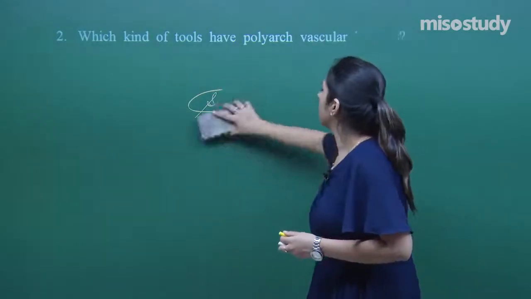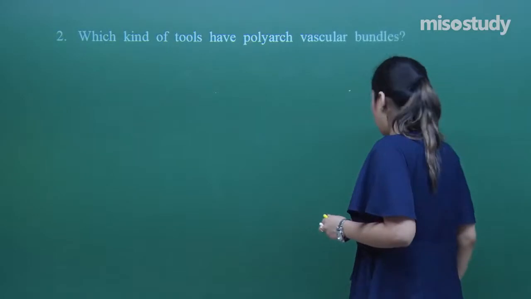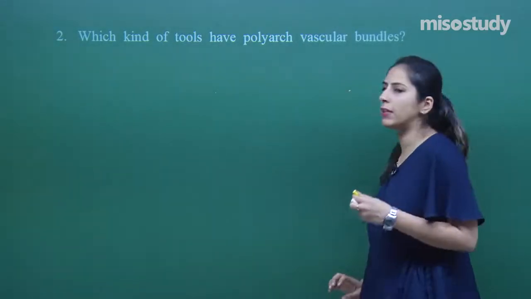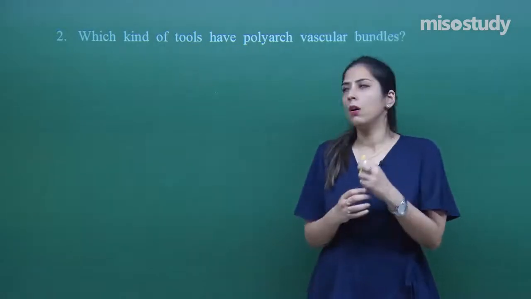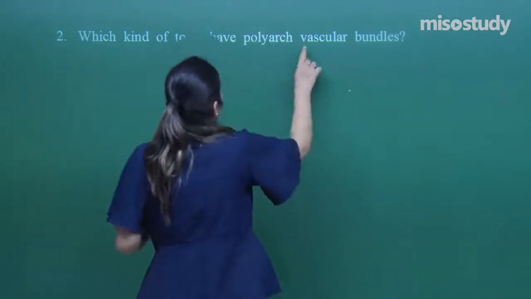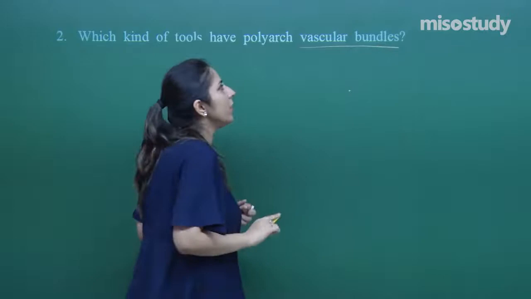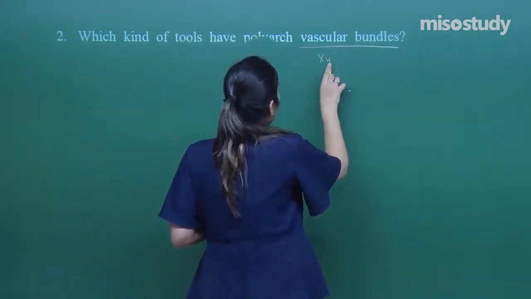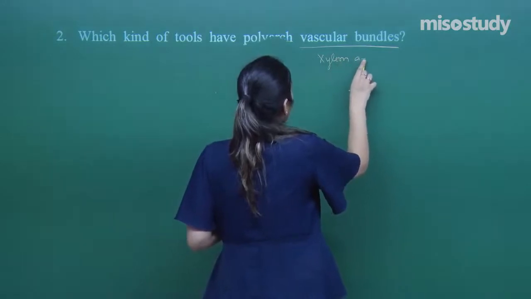Second question: indicate which kind of roots have polyarch vascular bundles. First of all, tell me what vascular bundles are. Vascular bundles are those in which there is an arrangement of both xylem and phloem.